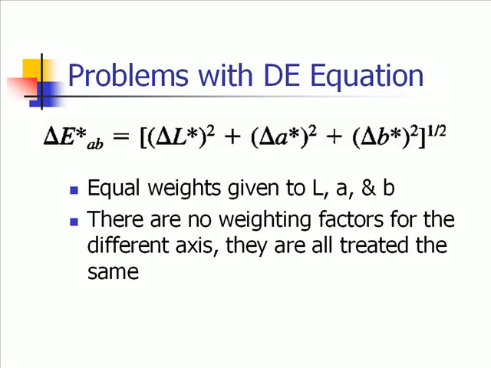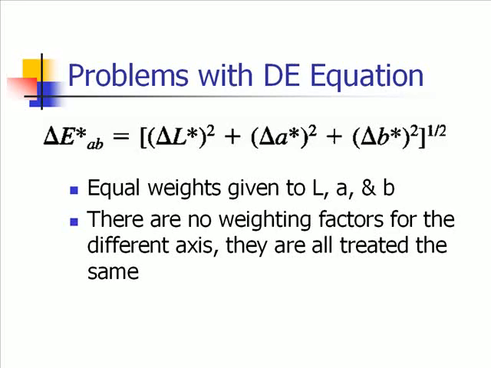But the equation doesn't do it that way. It gives equal weights to L, A, and B. So it doesn't include that actual physical fact about our eyes, that we perceive hue differences more easily than the other two.